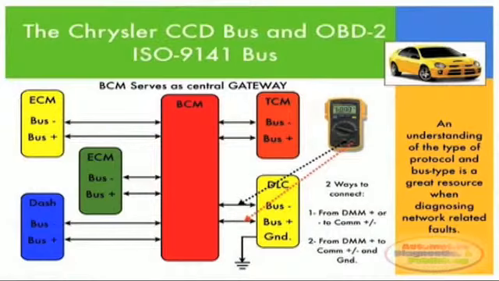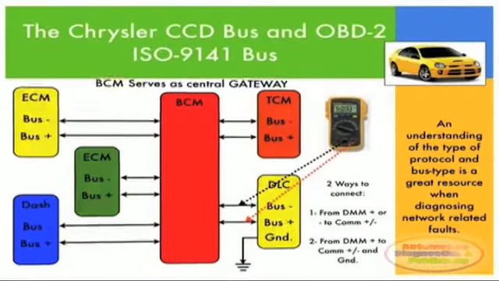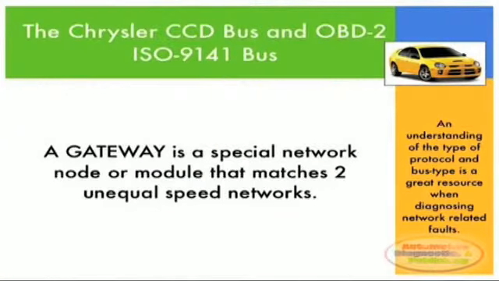Here we see a typical Chrysler CCD, or Chrysler Collision Detection, ISO 9141 network. The ISO 9141 is part of the OBD2 family of protocols. ISO 9141 uses a two-wire topography, with the central node, the BCM.